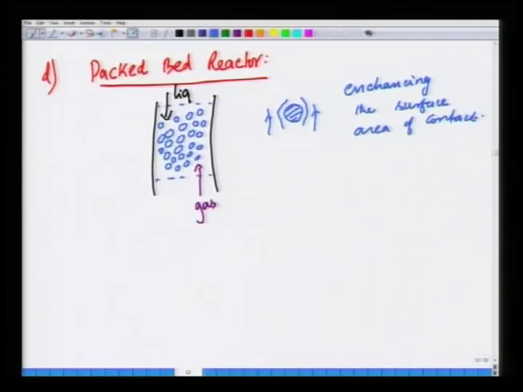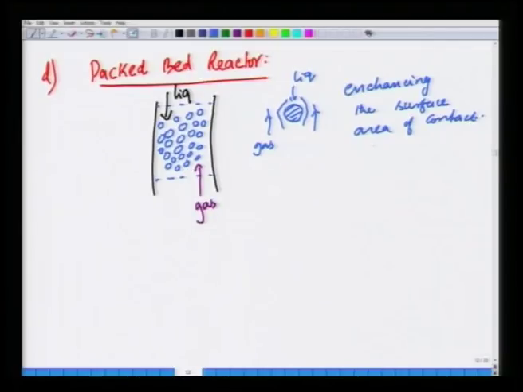So, again, as we can see, the detailed nature of flow around each particle, this is the liquid and this is the gas, determines the rate of reaction. Therefore, we have to first understand the details of the flow pattern so that the reactor can be designed.